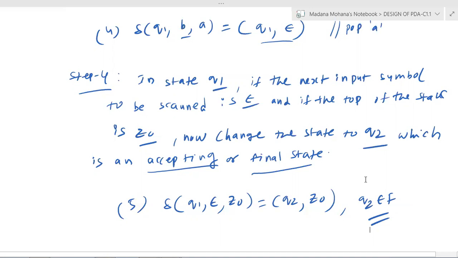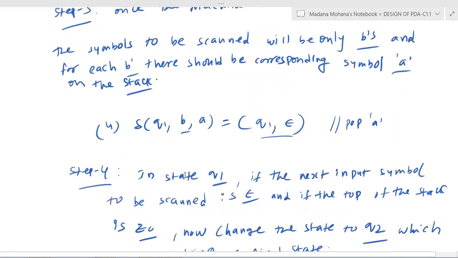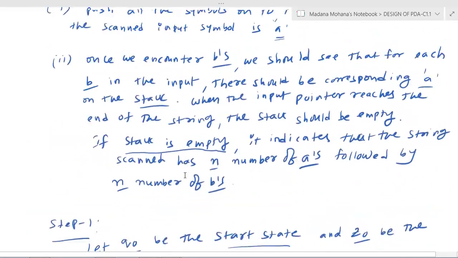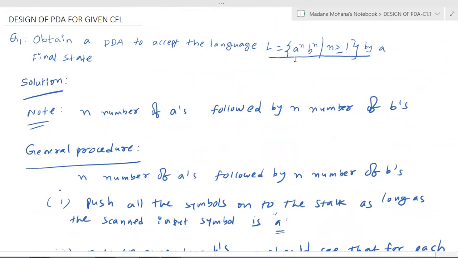So now you can see, finally, these are all the corresponding transitions of our PDA for the given context free language. That is L equal to A power n B power n such that n greater than or equal to 1. Based on this language, it contains a number of A's followed by the same number of B's. So that's why in the first step we have to push all A's onto the stack.